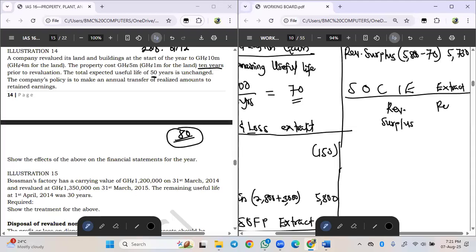We also have retained earnings. This is just an extract. We don't have any opening balance, so the balance brought down will be zero or a dash. The revaluation surplus we have in the question is 5,800, the two.